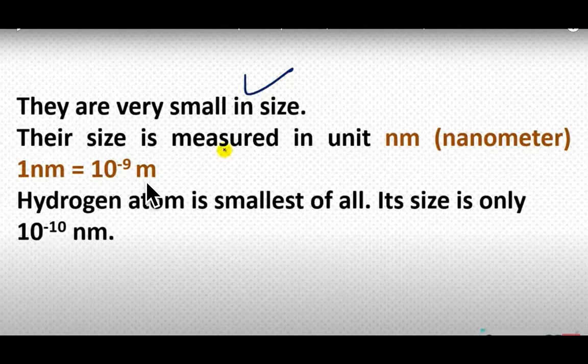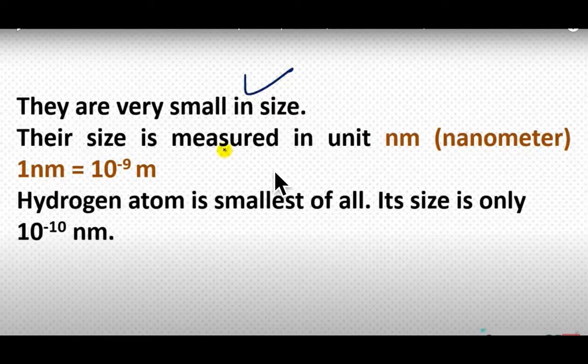So you can imagine the size of an atom. When we come down from meter, then millimeter, centimeter, you have to divide a meter by 10 with 9 zeros, then it is equal to 1 nanometer.